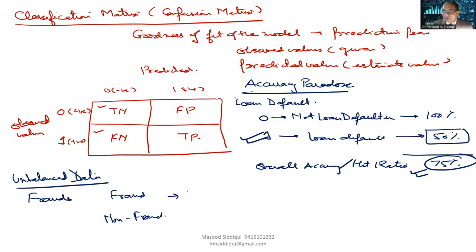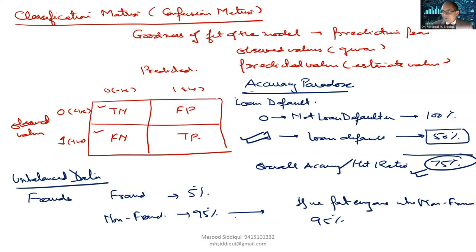We have just 5% observations in fraud and 95% in non-fraud, which is obvious. Now, we don't run any model. We simply put every transaction into non-fraud, and then our model would be 95% correct, because this is unbalanced data.